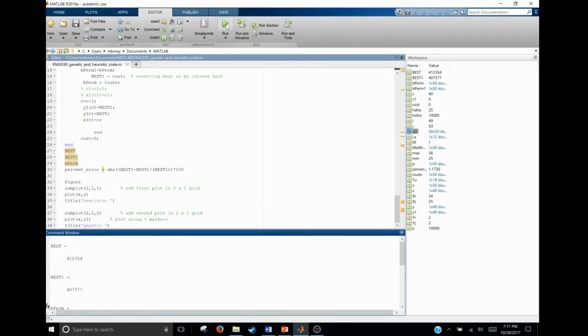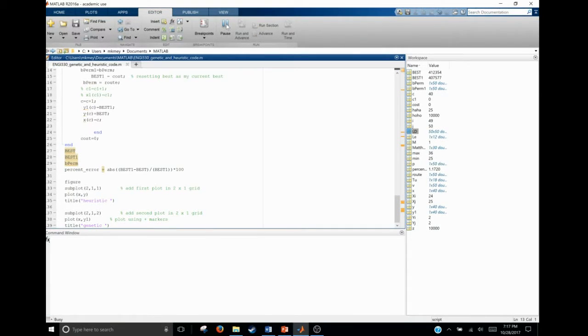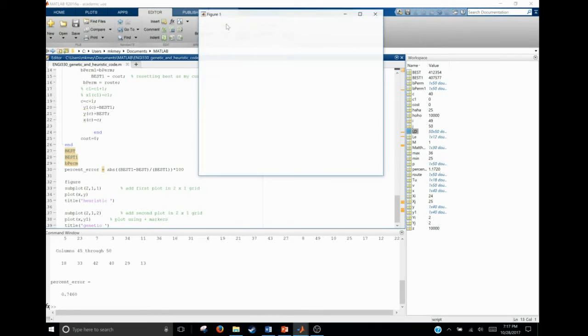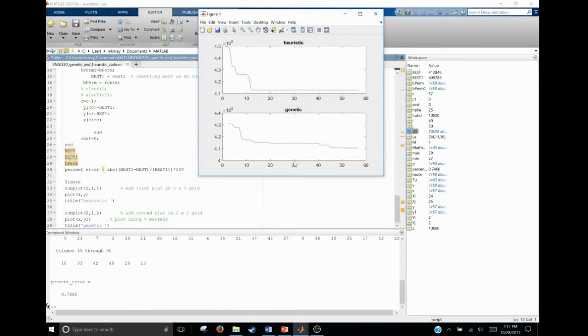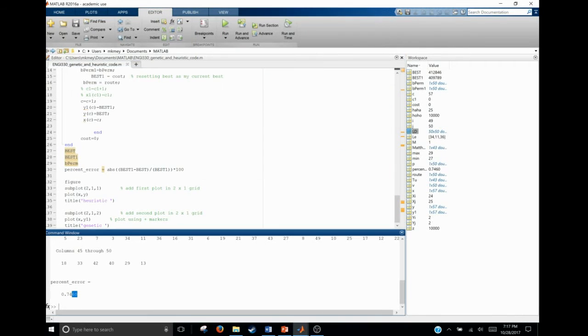Now if we run it again, it will create a new load distance matrix and run it through these again. The genetic still outperforms the heuristic, however there's a smaller percent error this time, only 0.74%, and that can be seen in the cost, where there's only a difference of around $3,000 between the heuristic and the genetic algorithm.